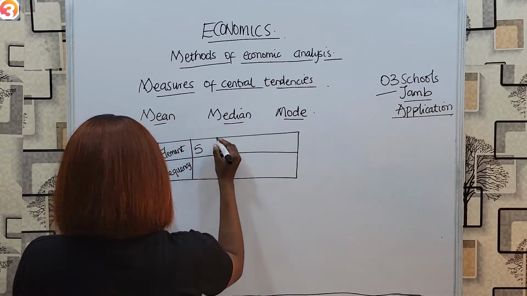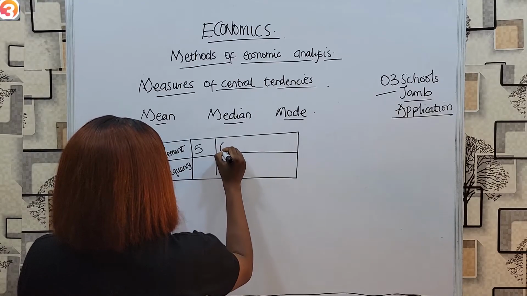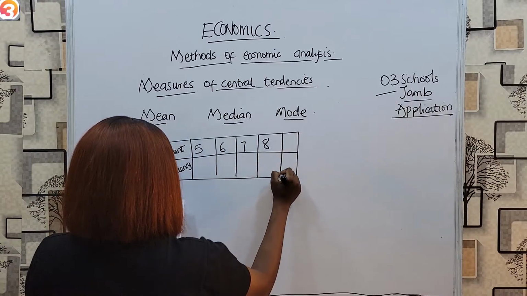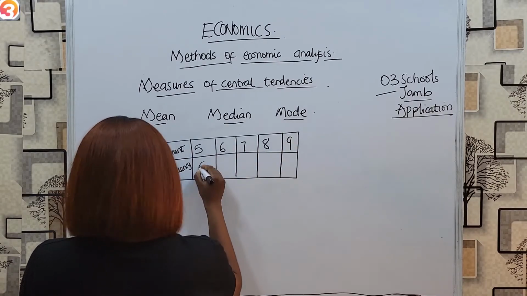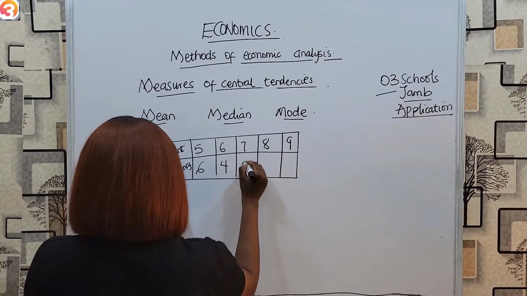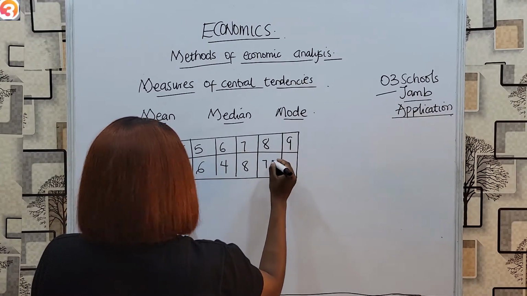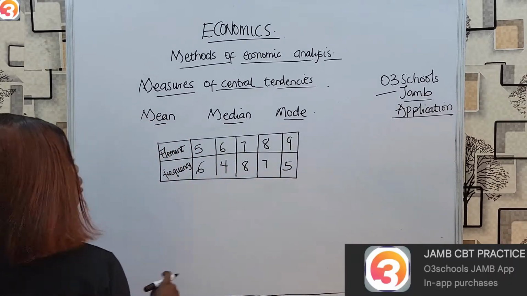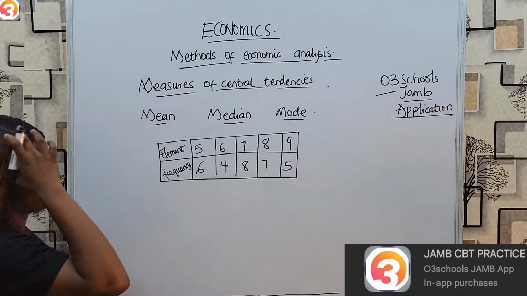We have 5, 6, 7, 8, and 9. We have 6, we have 4, we have 8, we have 7, and we have what? 5. So now looking at this, they said find the mode.